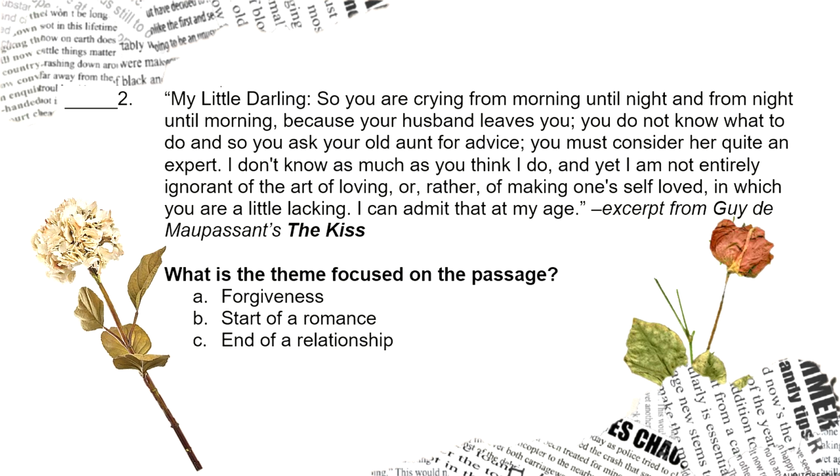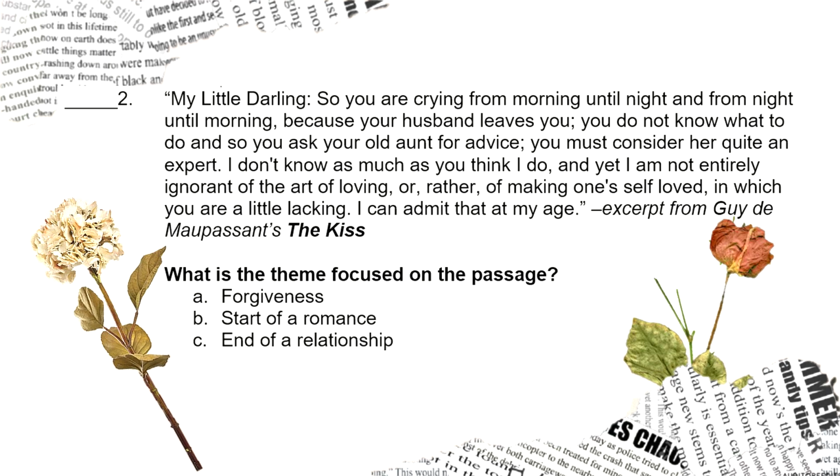Number 2. My little darling, so you are crying from morning until night and from night until morning. Because your husband leaves you, you do not know what to do, and so you ask your old aunt for advice. You must consider her quite an expert. I don't know as much as you think I do, and yet I am not entirely ignorant of the art of loving, or rather, of making one's self loved, in which you are a little lacking.